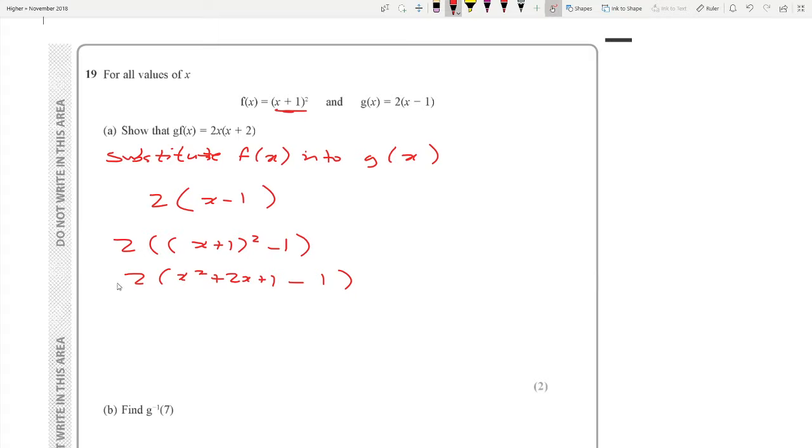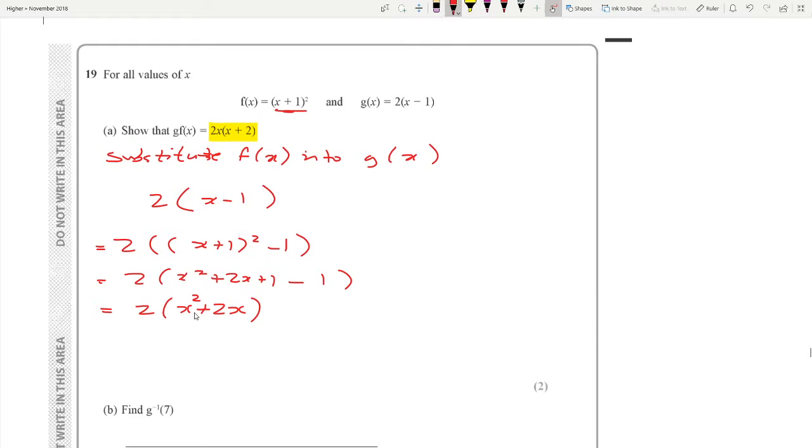Okay, so what does that give us if we simplify that down a bit more? We get x squared add 2x, and then positive 1 take away 1 is just 0. So that's it. This is telling us to show it in this form, which is easy.